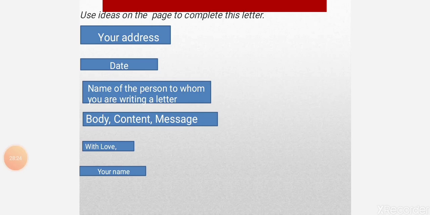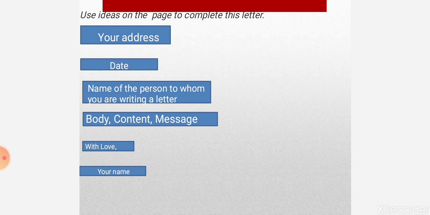So students, it will improve your writing skill, it will make you more creative, and you will learn how to frame small, simple sentences, and your grammar, your writing, each and everything will improve.